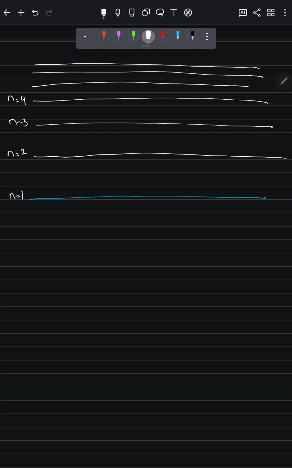As we go from the bottom to the top, the energy gap decreases. So this is more energy, and this is even less energy, and this is even less. So these energy levels are not equally spaced.